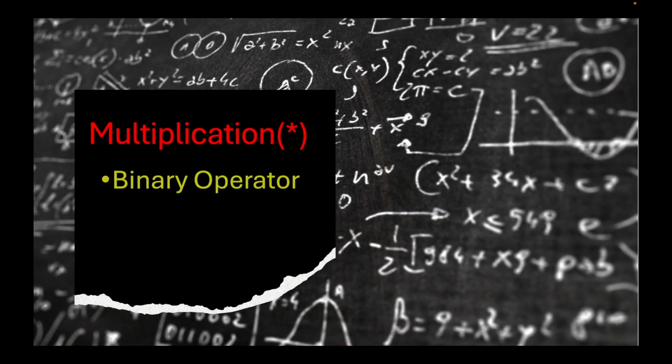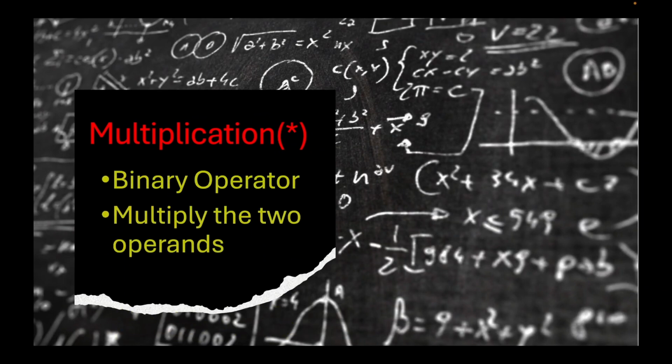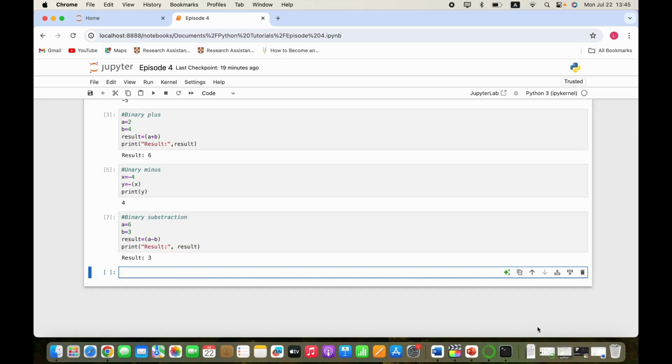The next one is multiplication operator. It is also a binary operator and it multiplies the two operands. So let's go and see some code in Jupyter Notebook.